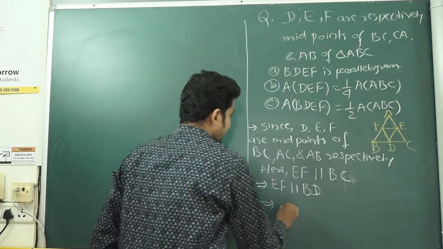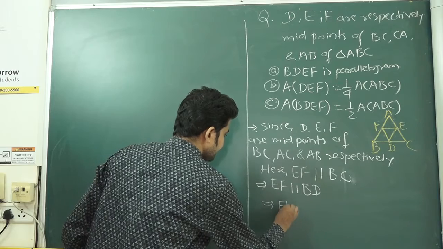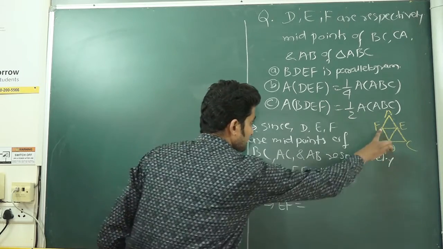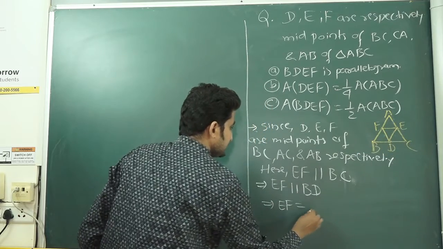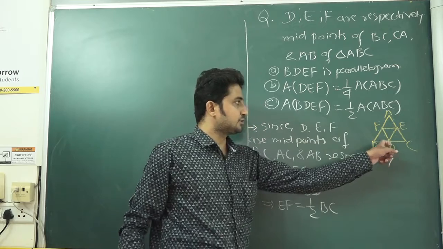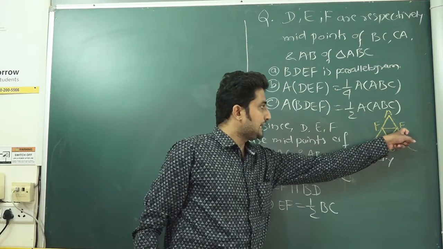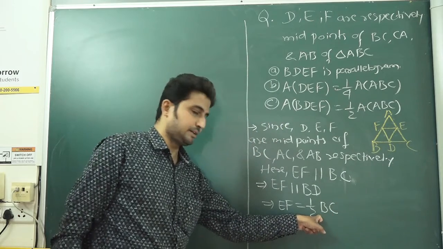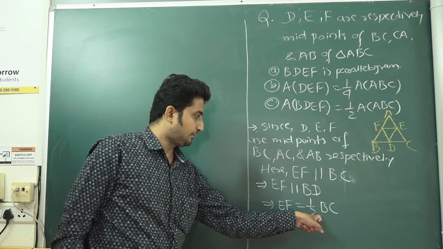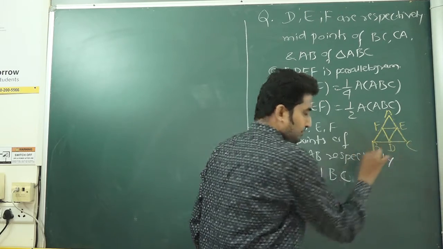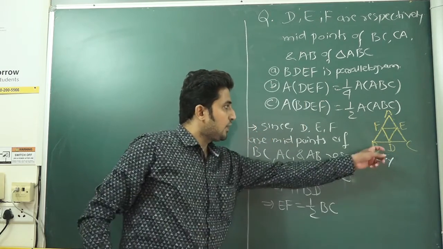So, can we say that this EF is equal to half of BC? Dear students, observe this. We say that this EF is exactly half of BC. Now, dear students, here D is the exact midpoint of BC, that is given.